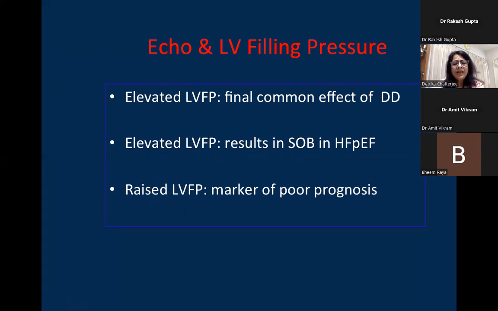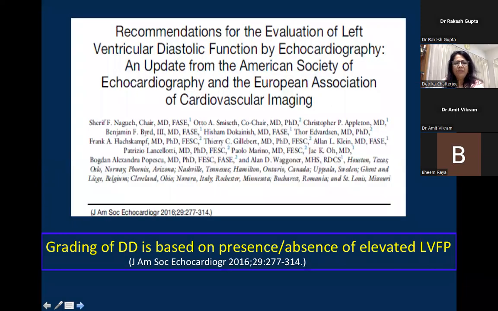And it is the elevated LV filling pressure which results in shortness of breath in HFpEF. And moreover, it is a marker of poor prognosis. So we have to know the LV filling pressure.